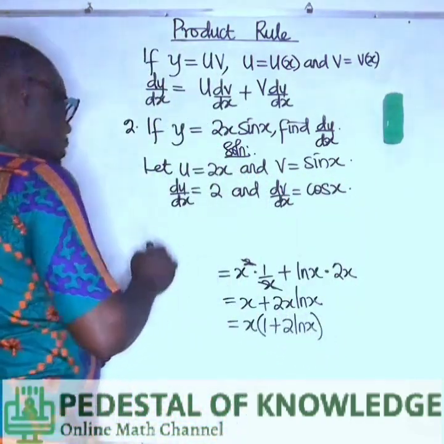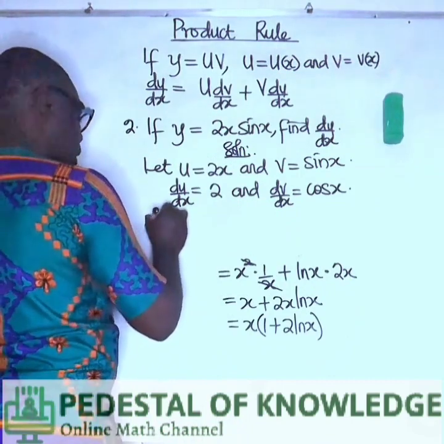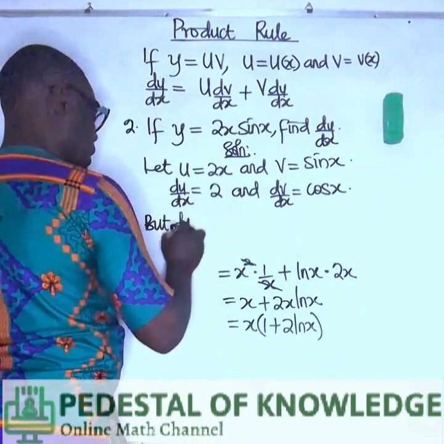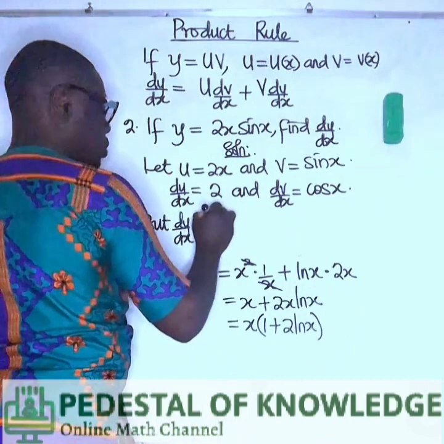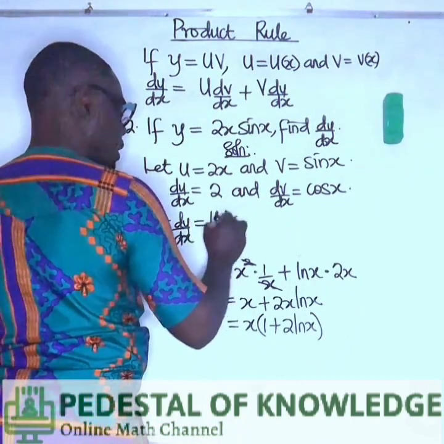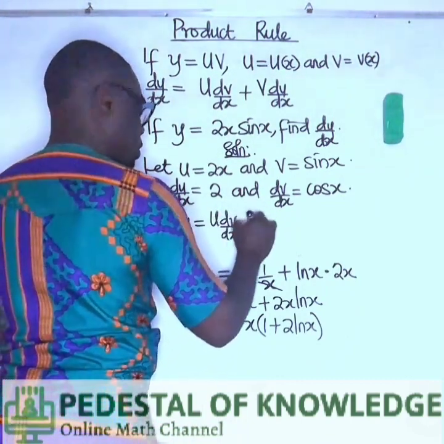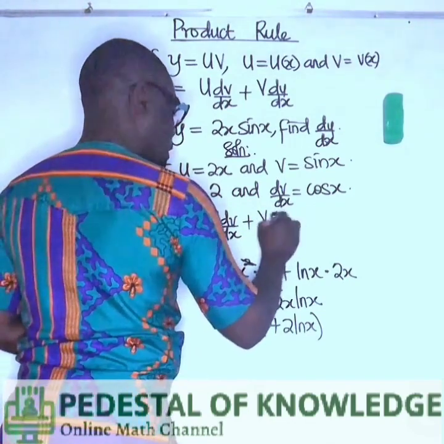Okay, we now combine, but we know that dy/dx is equal to u dv/dx plus v du/dx.